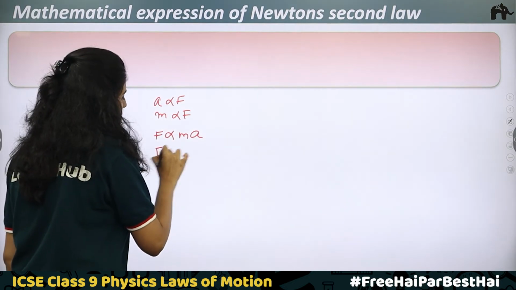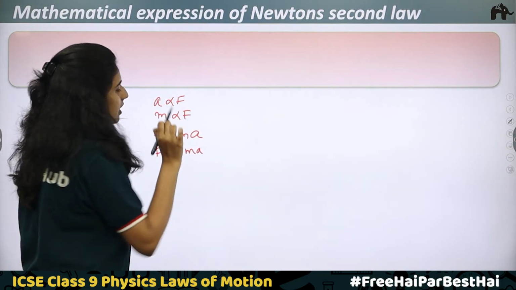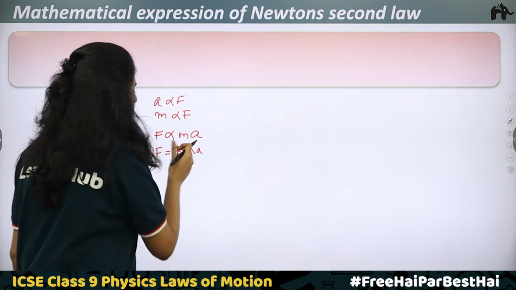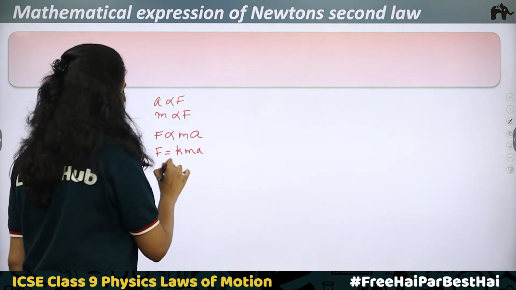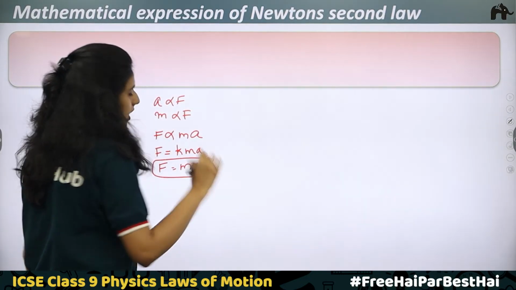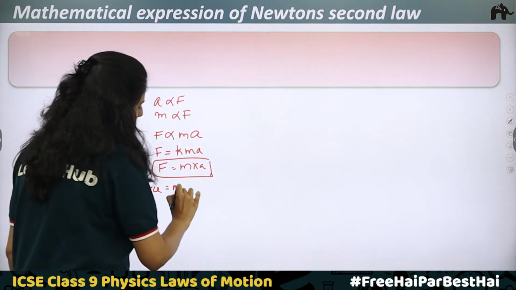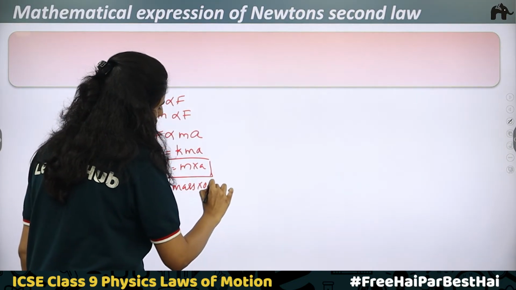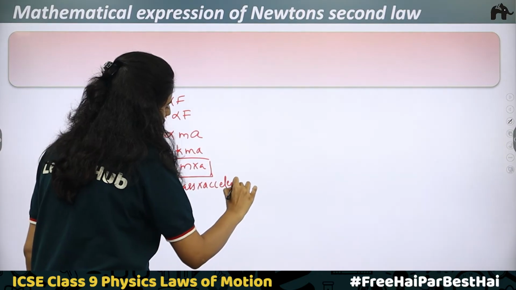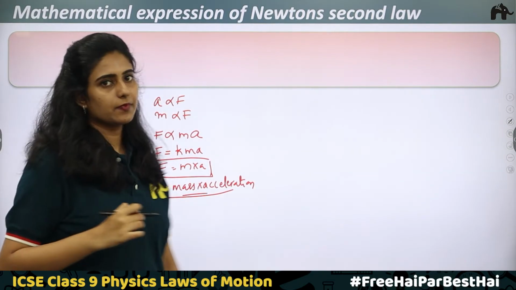So, F is equal to K into MA, where K is a constant of proportionality. For convenience, we will take K equal to 1, then F is equal to M into A. Force is the product of mass and acceleration.